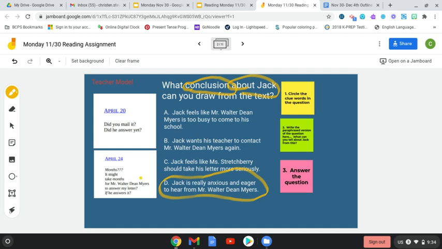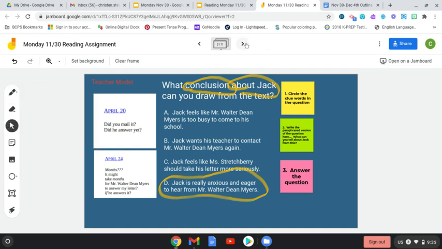Now, if he was telling me all the things he was doing, like he's probably fixing his car, he's probably taking care of his kids, that would tell me too busy. But in these two journal entries, and that's the only thing I'm basing it on, they talk about how long it's taking him to answer, because Jack really wants to hear from him. So D is really the best choice for that question.